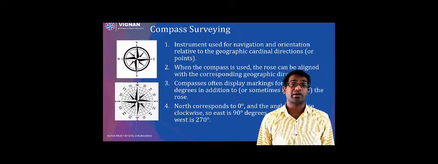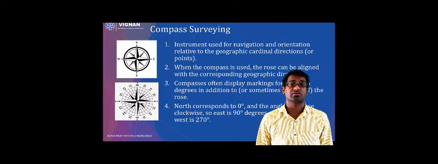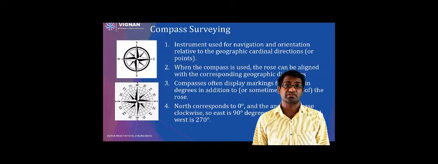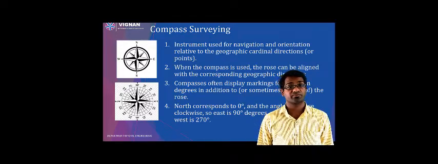Often, a compass is designated with markings north, northeast, southeast, southwest, along with the angles measured in clockwise direction: 0 at north, 90 degrees at east, south 180 degrees, west 270 degrees, as shown in the figure.